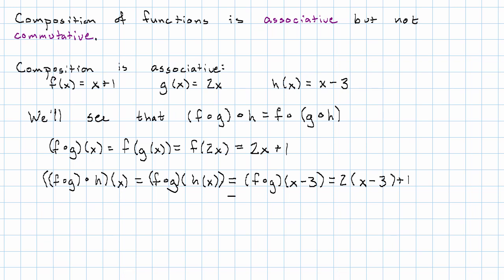Simplifying that, we get 2x minus 6 plus 1. Combining like terms, that's 2x minus 5. Okay, so this left-hand side, f composed with g composed with h of x, that's 2x minus 5.